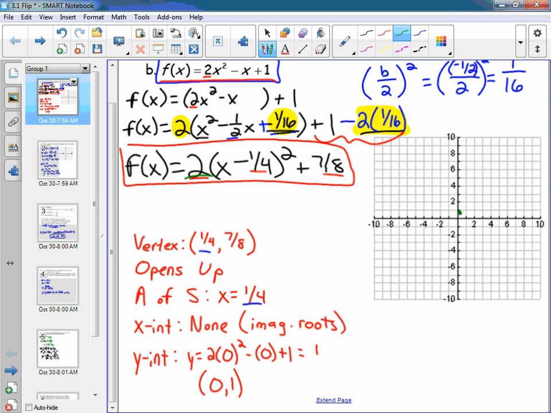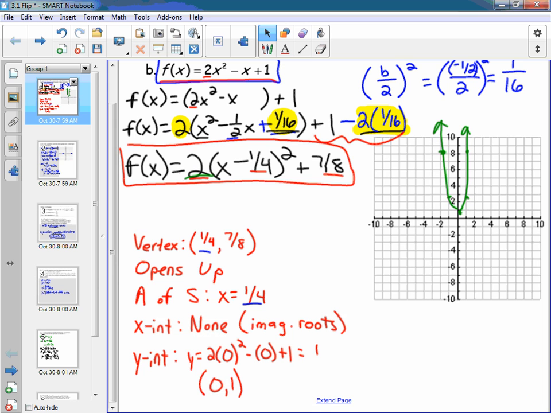My apologies for this. Not the best picture, obviously, to do this. But in the interest of time here, the axis of symmetry would go right down the middle there, and it would be x equals 1/4.